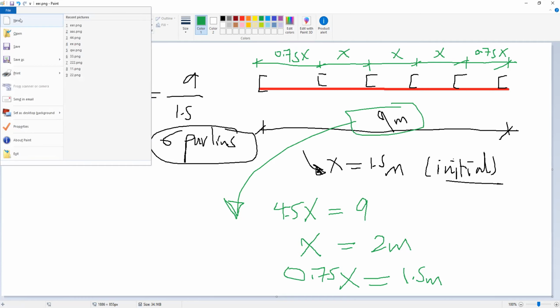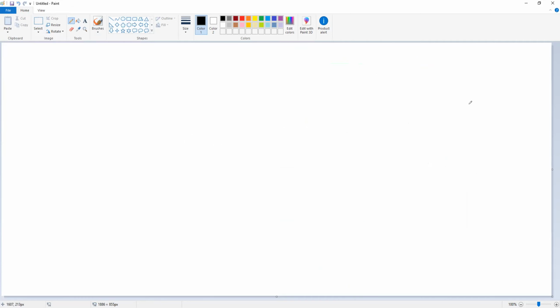I will tell you why now. Because you remember last session when we said the column on the edge carries less load compared to the column at the center. Yes, because it's less tributary area. Yeah, this area.